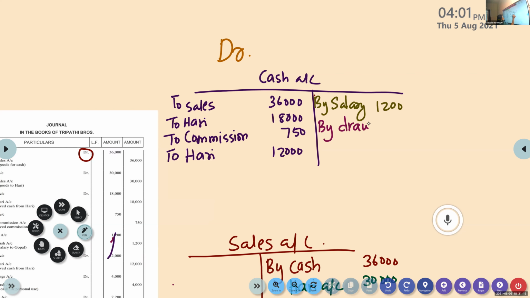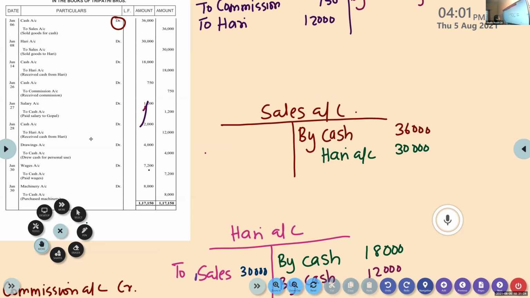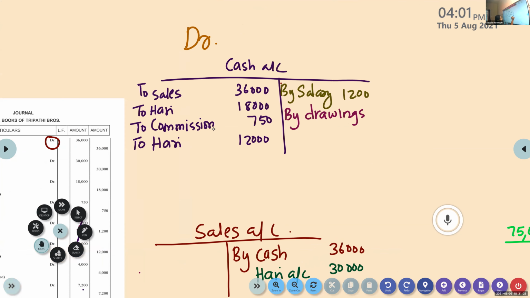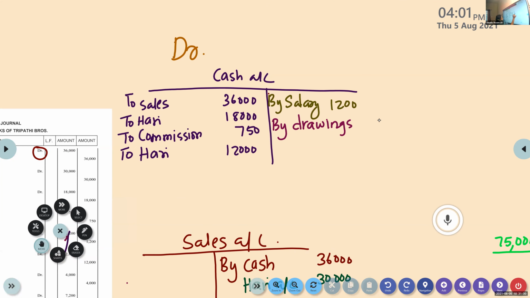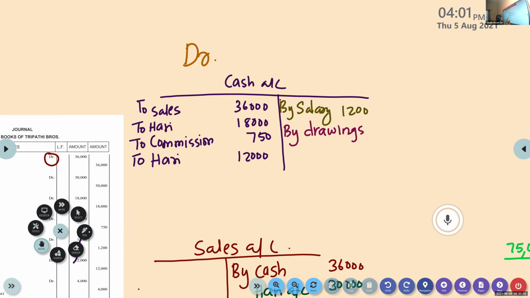How much is the amount? 4,000. I hope we are all doing it together.